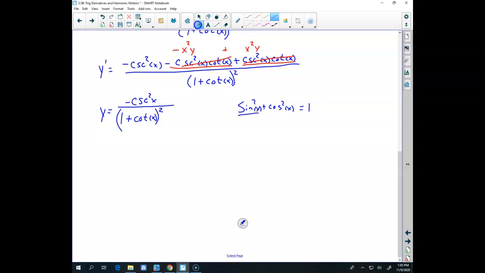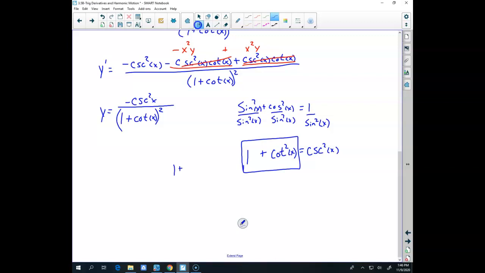If I divide everything by a sine squared, I can get this to where I have a cosecant squared x. What does that equal? 1 plus cotangent squared x.